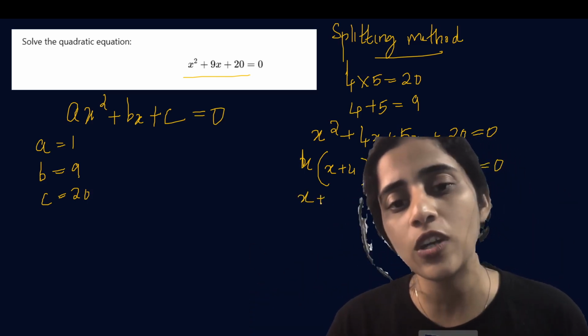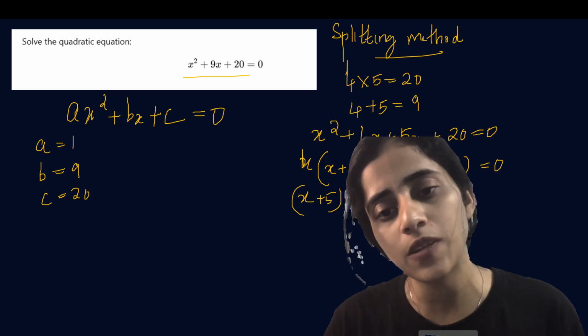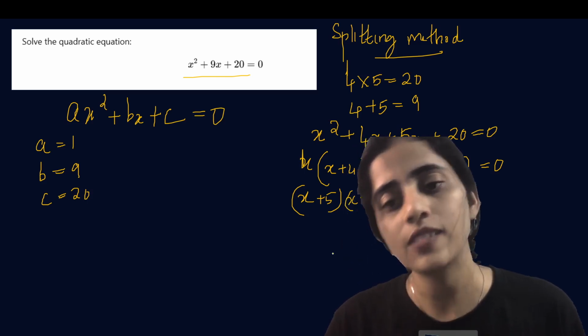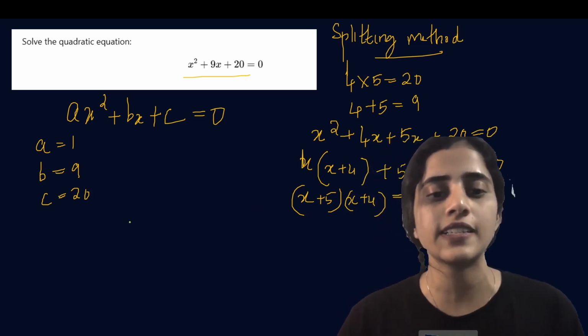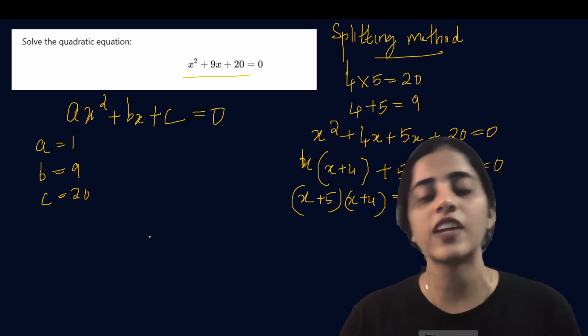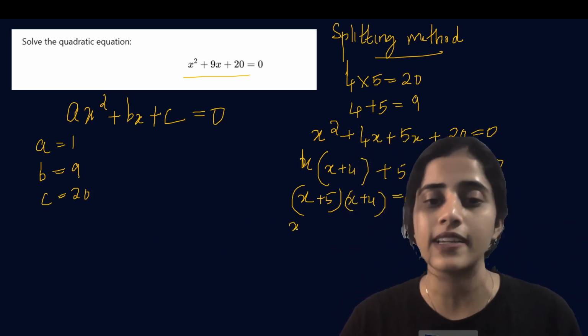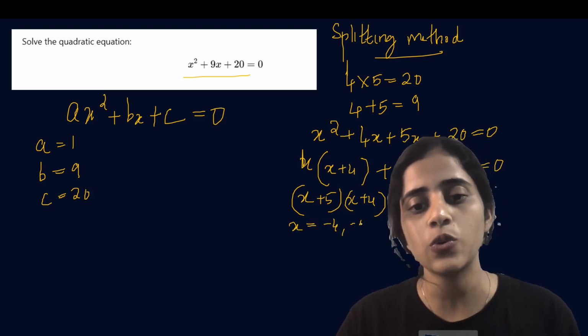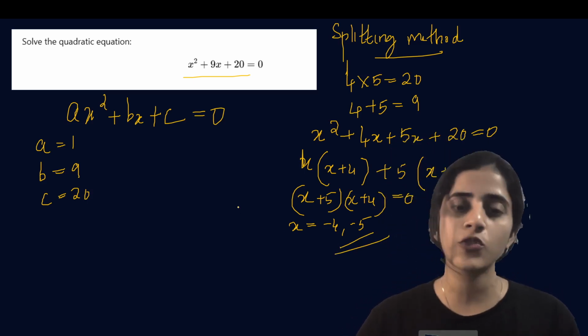So this becomes x plus 5 into x plus 4 equals 0. Individually, you will get x plus 5 equals 0, x plus 4 equals 0. So x is minus 4 and minus 5. This is one way of doing it.